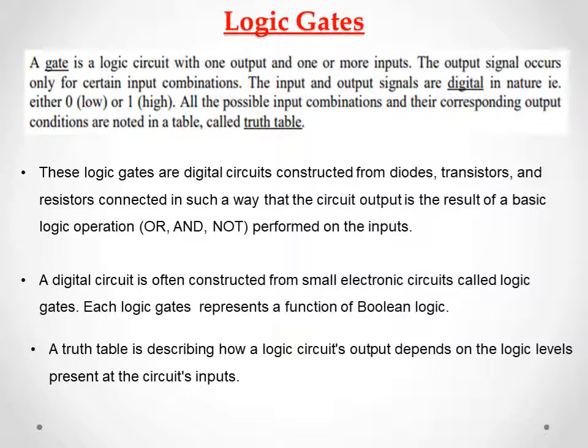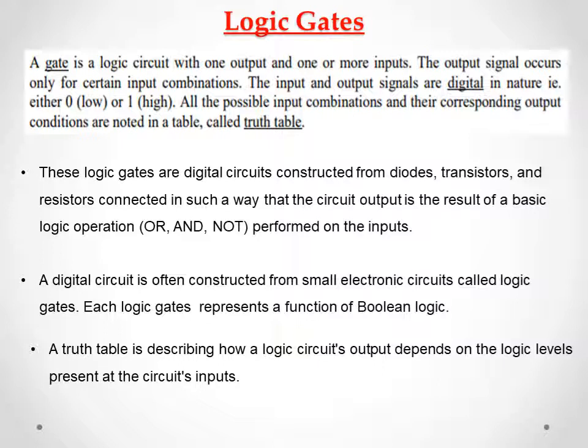These logic gates or digital circuits are constructed from diodes, transistors and resistors connected in such a way that the circuit output is the result of a basic logic operation performed on the inputs.